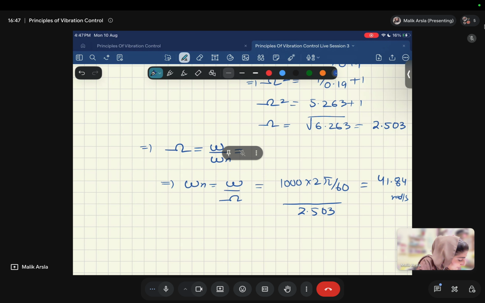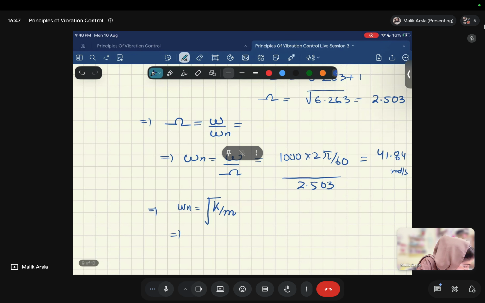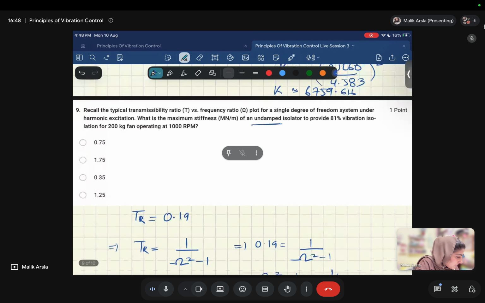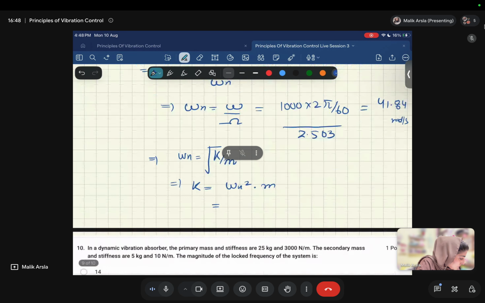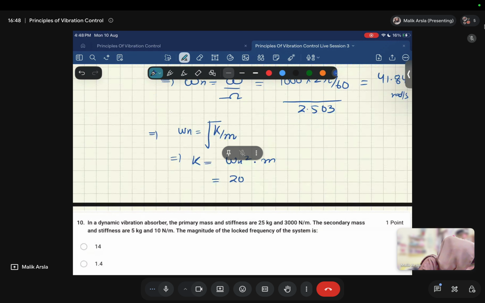Now we need to find the stiffness. So we know that omega n is equal to under root of k upon m. So here k is equal to omega n square into m, right? And the mass of the system is given as 200 kg, and omega n we have just figured out 41.84 whole square.